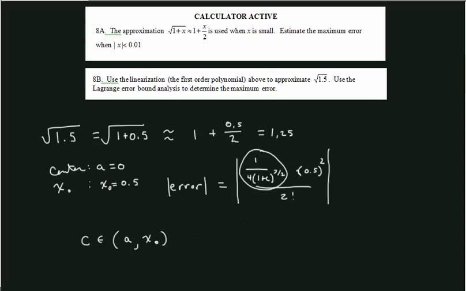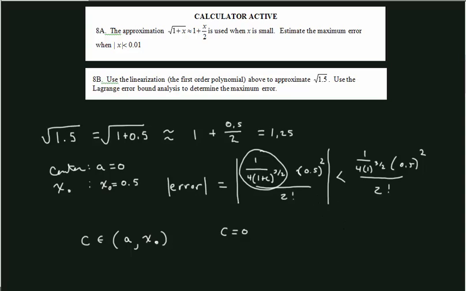So the expression will be largest when c equals 0, so this is going to be less than 1 over 4 times 1 to the 3/2, 0.5 squared over 2 factorial.